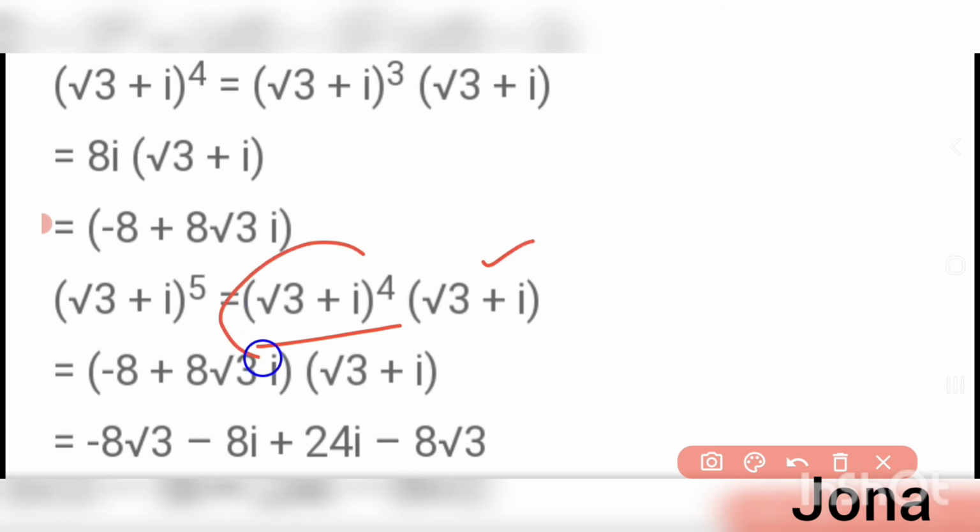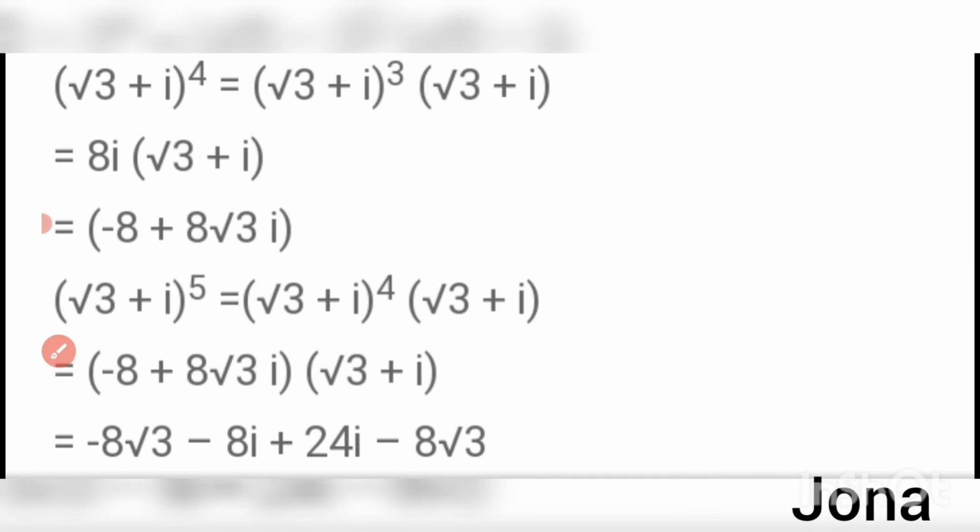So the value of this (root 3 plus i) the whole power 4 is minus 8 plus 8 root 3 i into this root 3 plus i here, and then just multiply: minus 8 into root 3 is minus 8 root 3, minus 8 into i is minus 8i, and then 8 root 3 i into root 3 is root 3 into root 3 is 3, so 24i here, and then 8 root 3 i into i is 8 root 3 i square, is minus, so we can have this as minus 8 root 3 here.